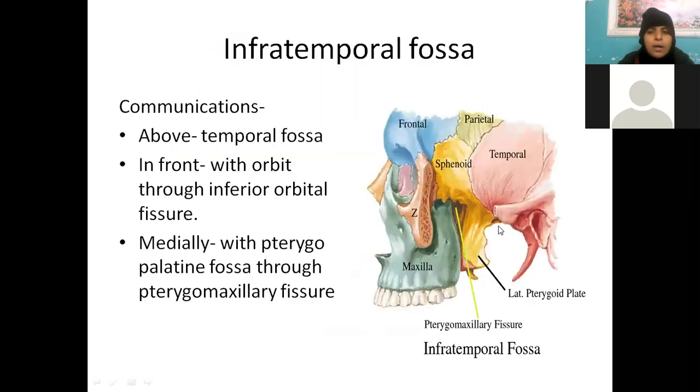So above, the infratemporal fossa is communicating with the temporal fossa. In front it is communicating with the orbit through the inferior orbital fissure. This is the fissure. Medially, deeper inside, the yellow arrow, here it goes inside the pterygopalatine fossa through this fissure, that is the pterygomaxillary fissure.